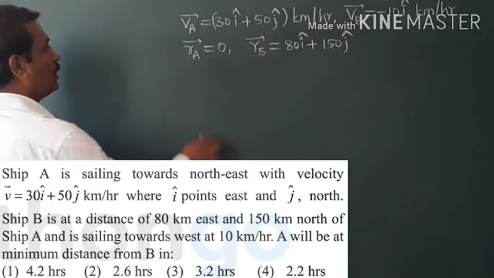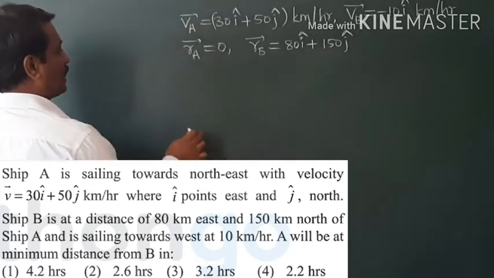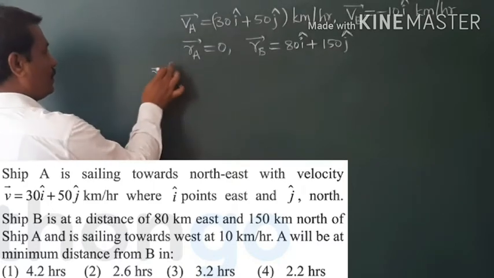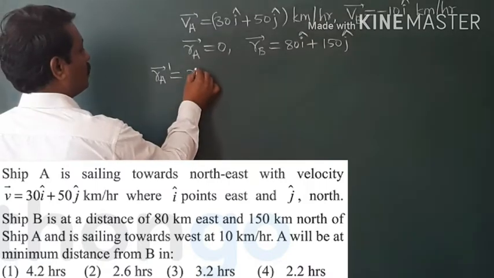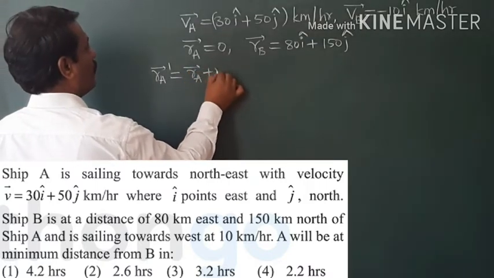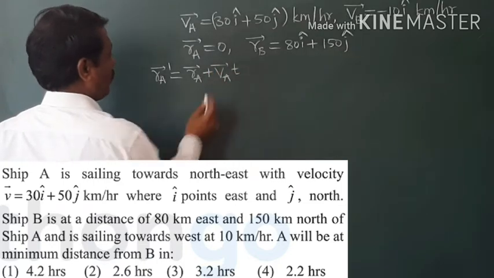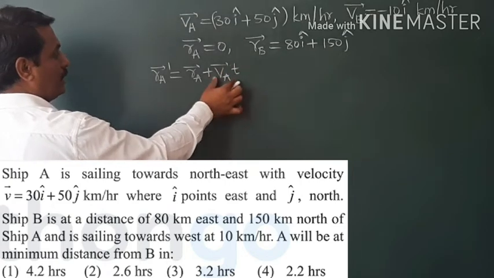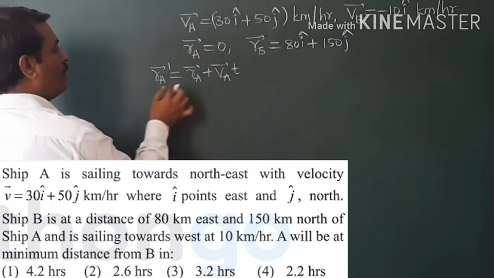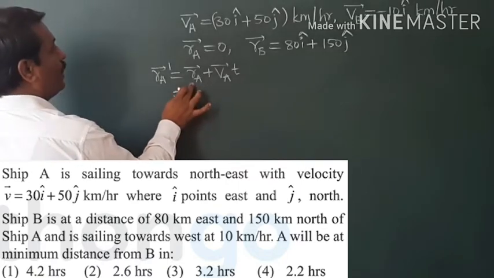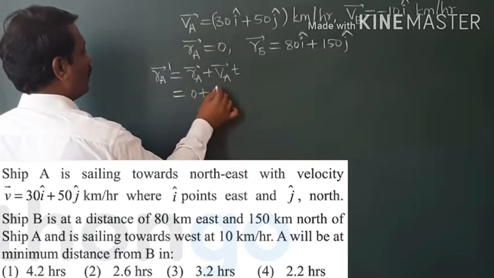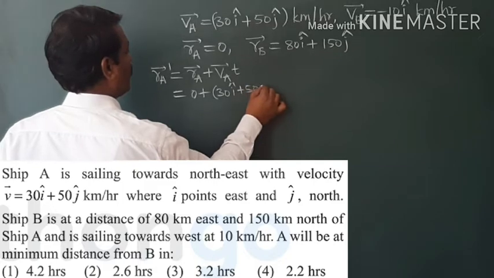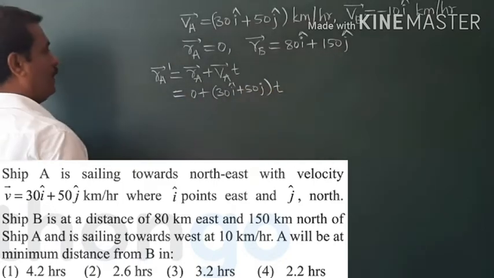Let us find the position of ship A and ship B after t seconds. I will write it as RA dash. RA dash is the position of ship A after t seconds. So that can be written as RA plus VA into t. This is the present position plus the distance traveled by the ship in t seconds. That gives you the position of ship A after t seconds, which is equal to, here RA is 0 and VA is 30i plus 50j, into t.